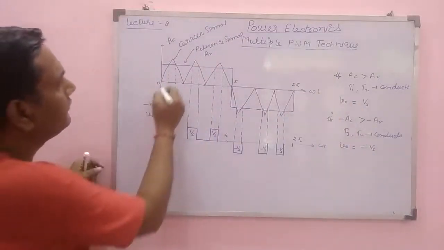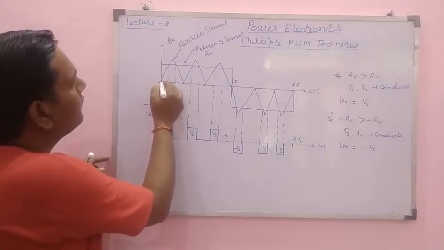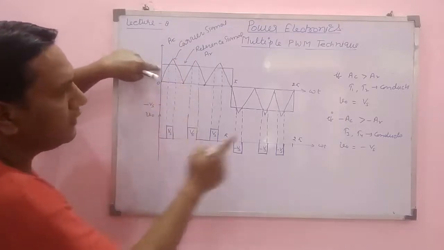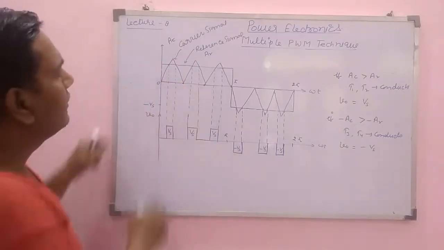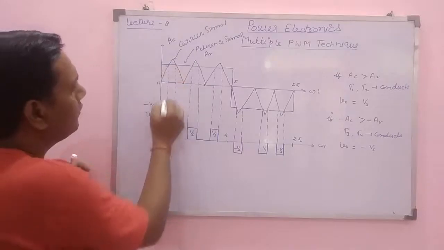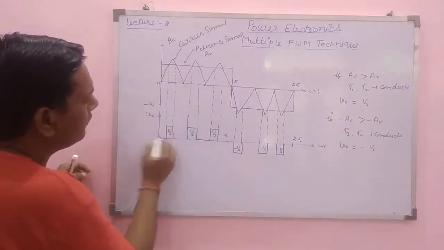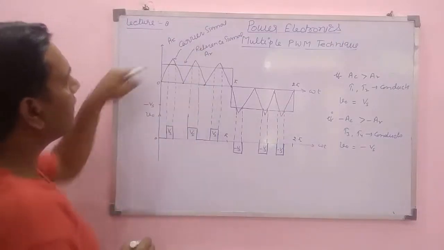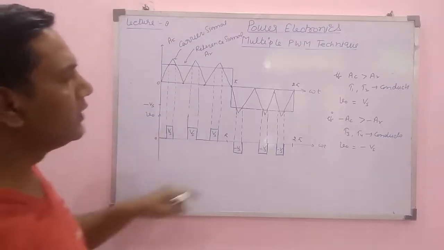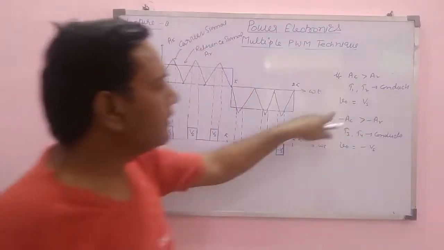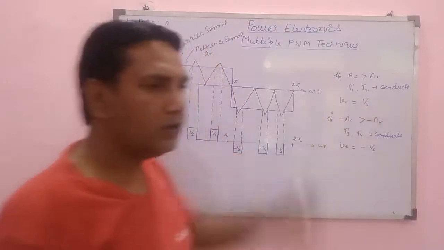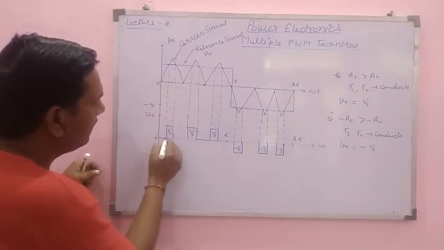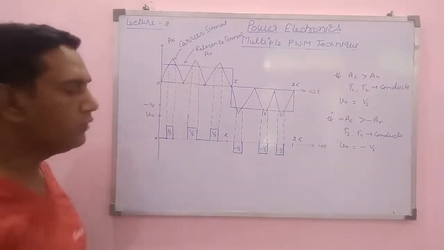You can see here from this 0 point up to this point the amplitude of the carrier signal is less than the reference signal, so the output voltage will be 0. But from this point to this point the carrier amplitude is greater than the reference amplitude, which means the first condition is satisfied, and the output voltage will be equal to Vs. So from this point to this point we draw these lines downward and get the positive output voltage.